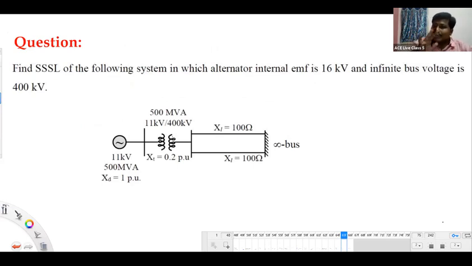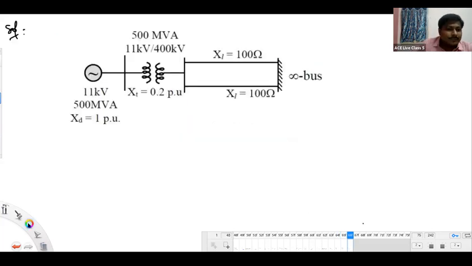Now, if you want to do these calculations in per unit form, first we should choose some common bases. Let us assume the generator ratings itself as base values: 11 kV, 500 MVA. Let me write here: 11 kV line to line voltage, 500 MVA three phase apparent power.